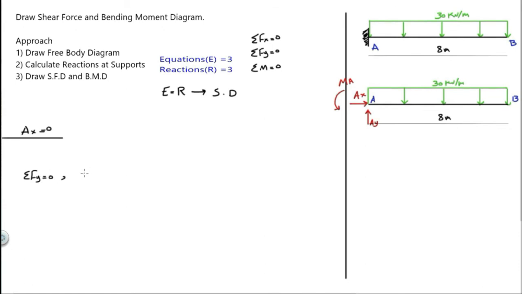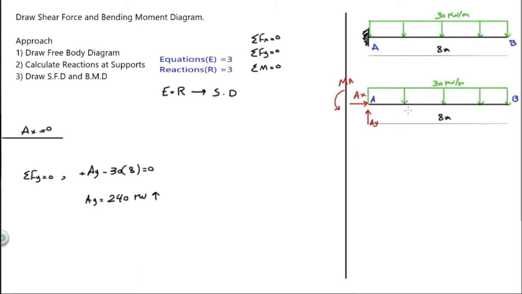So we have plus ay minus 30 multiplied by 8, which is the span, equals 0. Now ay is 240 kilonewton upward.